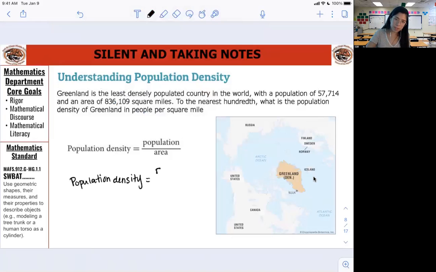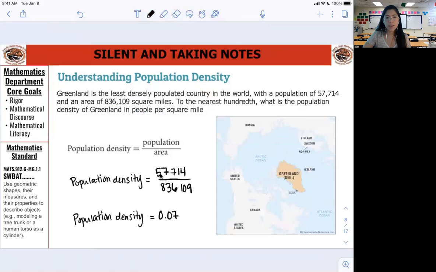So population is 57,714. The area is 836,109. And now we divide. What do we get? You rounded? Yeah, that looks about right, 0.07. Now the units, this is 57,714 what?